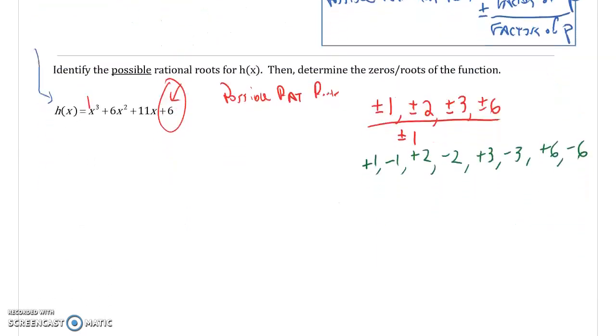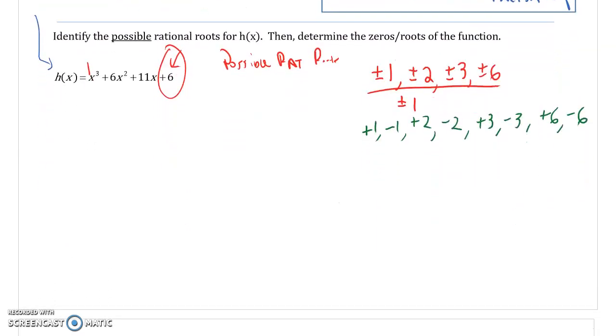So what I have to do is try out various possible rational roots and see if I can get one that works. Now I'm going to purposely choose one that doesn't work just to show you. I'm going to start off with my coefficients, a 1, a 6, an 11, and a 6. Maybe I'll try 2. So is 2 a rational root, or a 0?